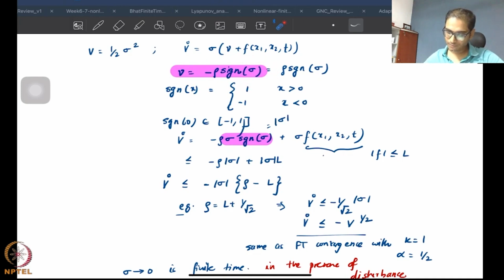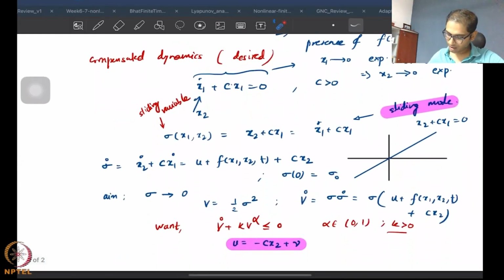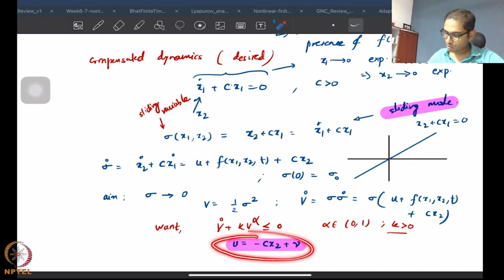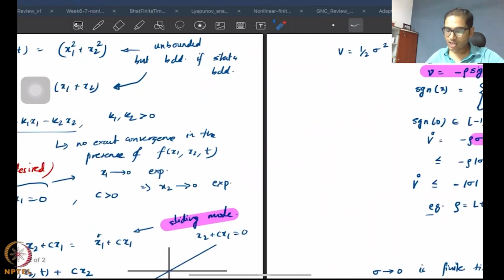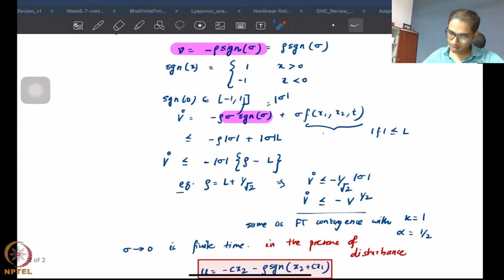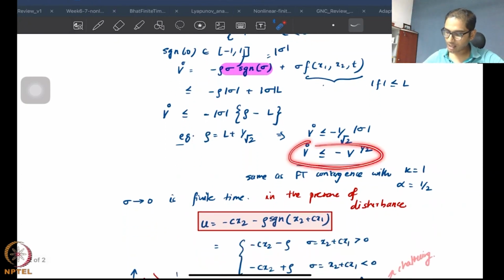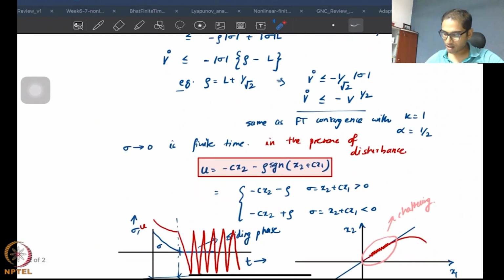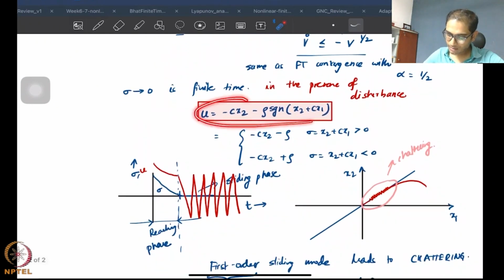Basically we first prescribe a u which cancels out this term, and then we are left with another knob v, and we choose that knob v so as to compensate for this nonlinear disturbance by choosing this gain rho to be larger than L, right? Once we do that, we get V dot less than or equal to minus V to the power half, and therefore we have our finite time convergence, right? So our entire control looks like this.